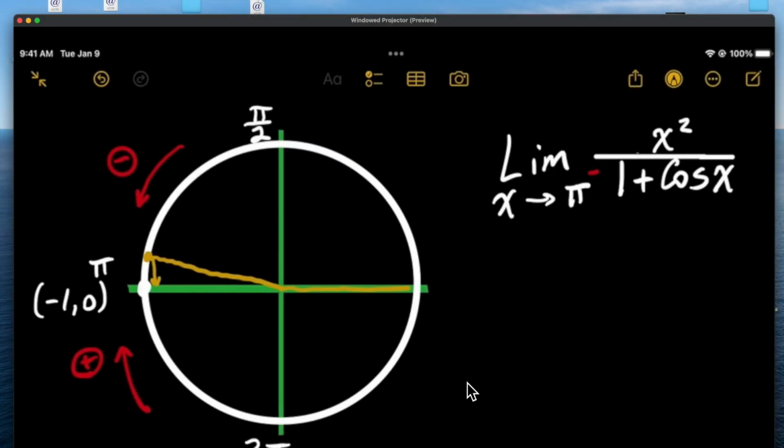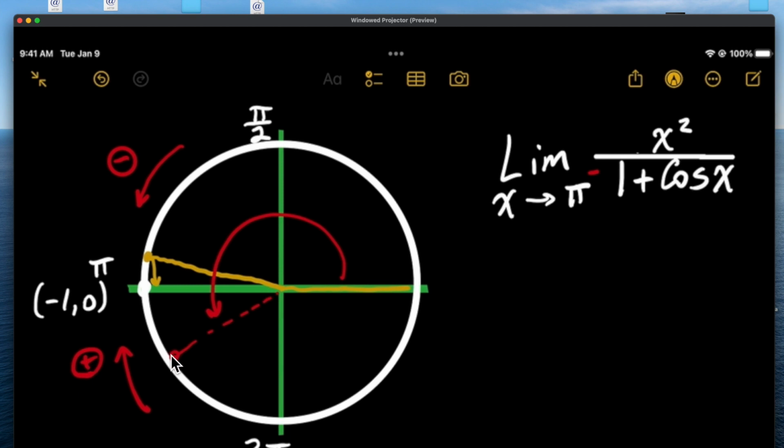Okay. Lastly, let's look at this limit as x approaches pi from the positive direction. And I left one of these angles up to prove a point. If we're coming from the positive direction, all right, so we're talking about angles like this right here. So this would be our input angle. Folks, I don't care what that is.